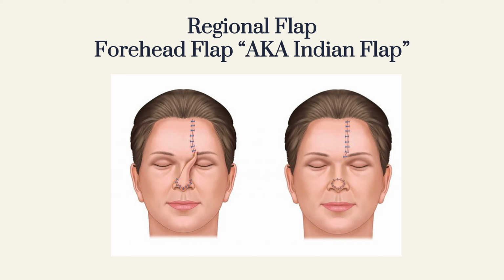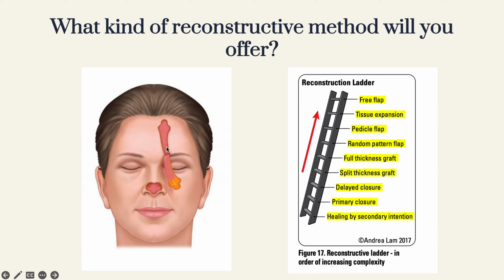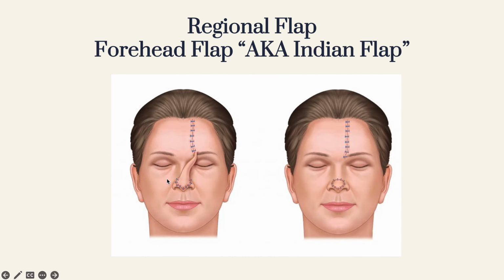The main concept is that you're going to take a flap that is in the same vicinity as your primary defect, carrying one named specific blood vessel, which in this case is going to be our supratrochlear artery, which is 1.5 centimeters from the midline. From right here. This flap usually goes from superficial to deep. So you're going to have a subcutaneous part, and then the subfrontalis part, which is under the muscle, and then the subperiosteal part. And this is what you're going to use to reconstruct your patient's nose.